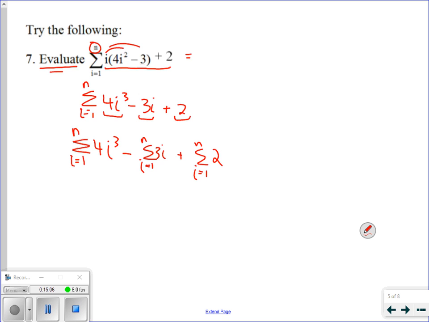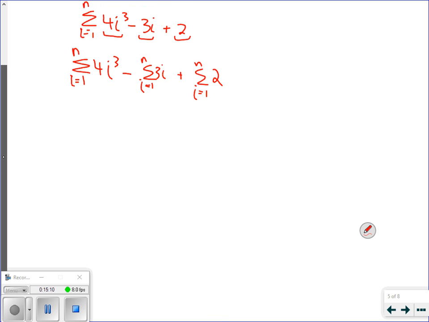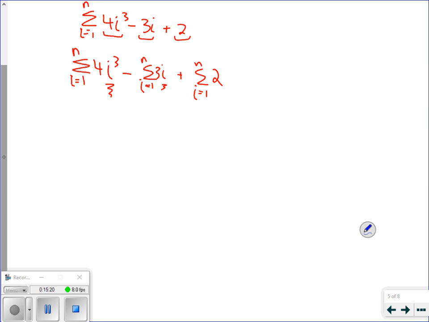Once we separate it apart, the idea is we're trying to get it down to the identities that we learned in the last slide. And in order to do that, I'm sure you see i cubed, we got 2 right there. If you can take a constant out next, that would be a great next step. So take the 4 out, take the 3 out, take the 2 out.